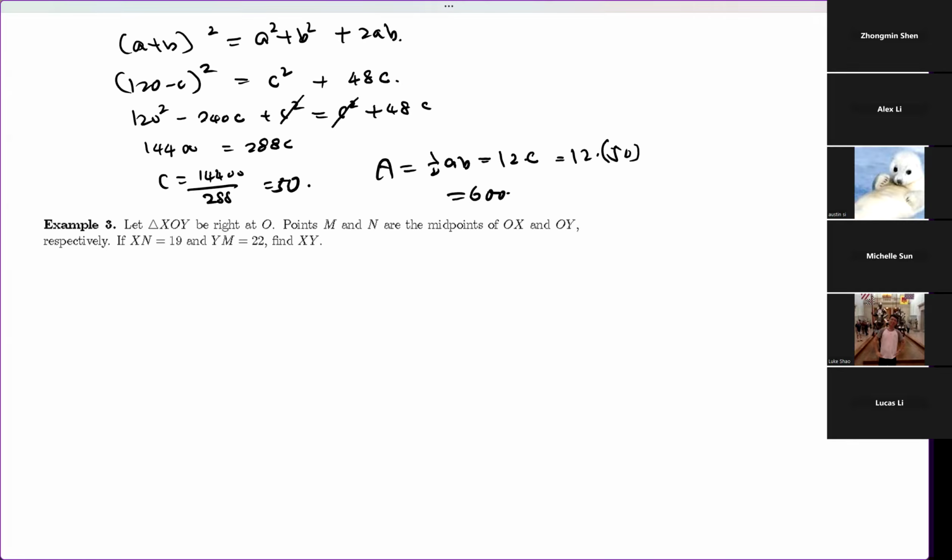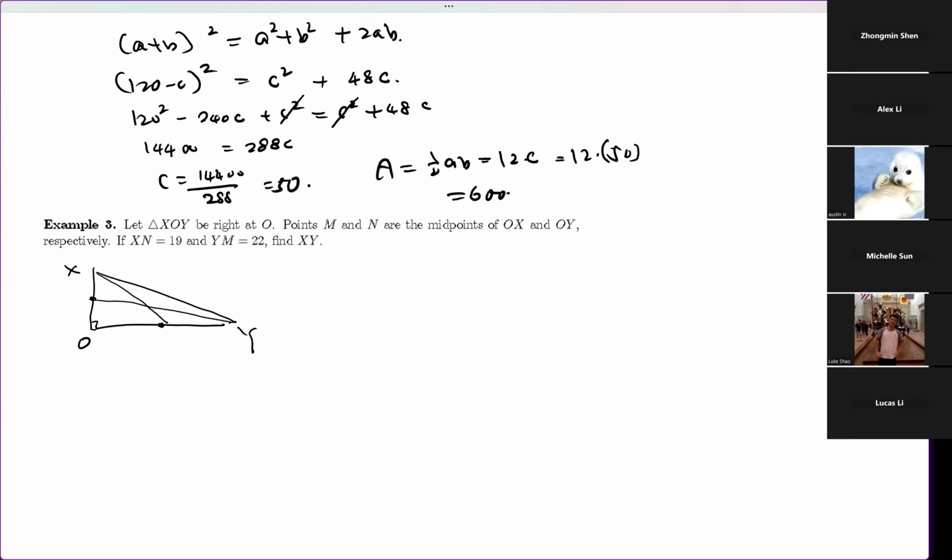Let me draw the picture here. Step one, a picture. Here's X, this is O, that's Y. So O is the right angle, it's 90 degrees here. And M is a midpoint, and N is also a midpoint. Then you connect them.